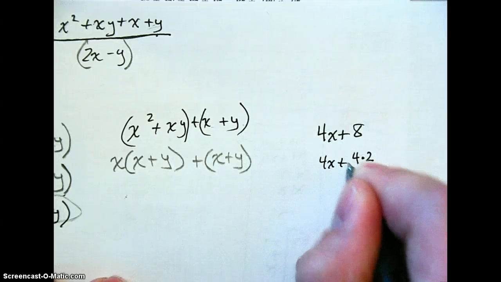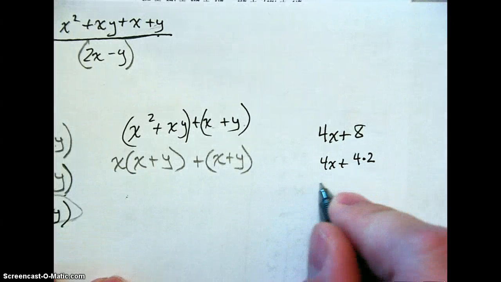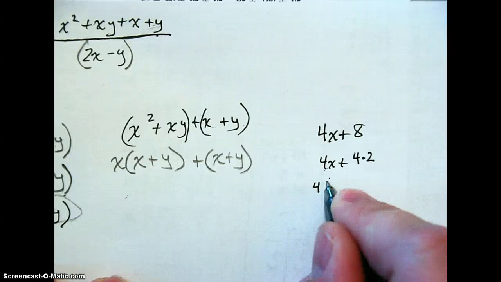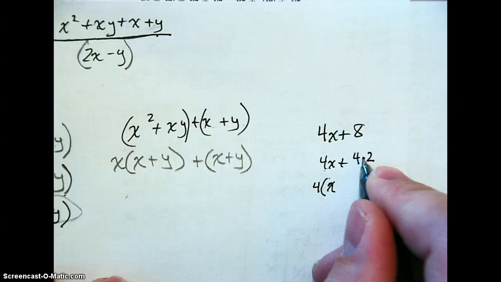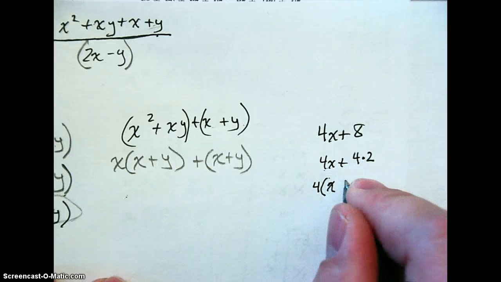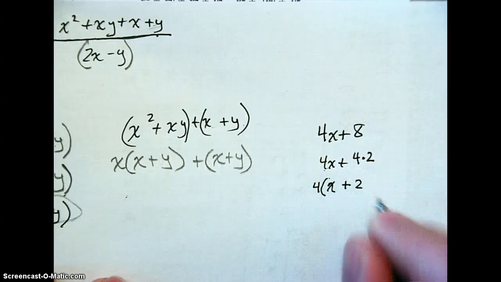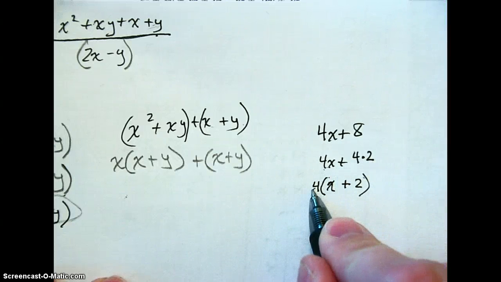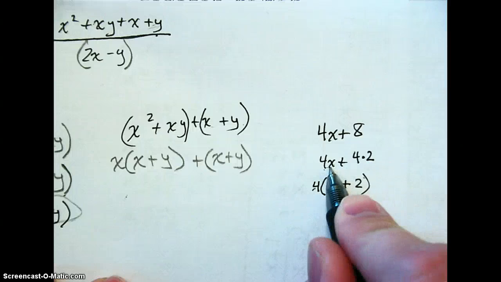When I pull that 4 out, I'm actually dividing by 4. The 4 comes out here. 4x divided by 4 is? X. And 4 times 2 divided by 4 is? 2. The piece you pull out just goes out here. You're dividing by it. What's remaining stays in here.